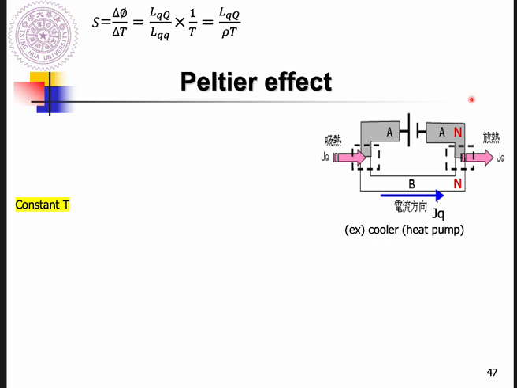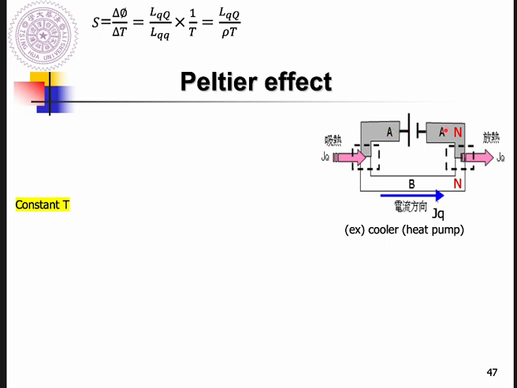And for Peltier applications, usually it's in couples, using two materials. The idea would be the same as the Seebeck effect. The practical applications here would be the cooler or the heat pump. We assemble A material with B material, and also use a battery as a power supply.